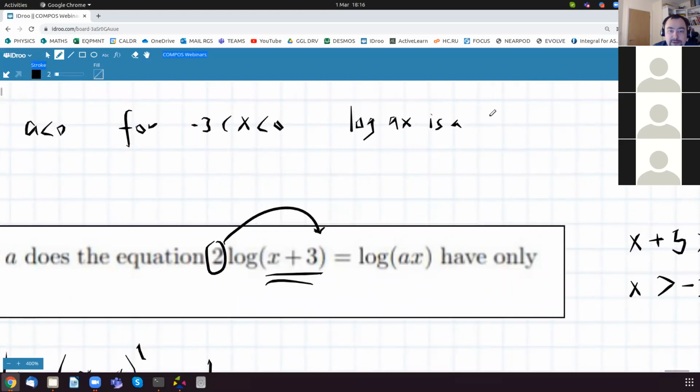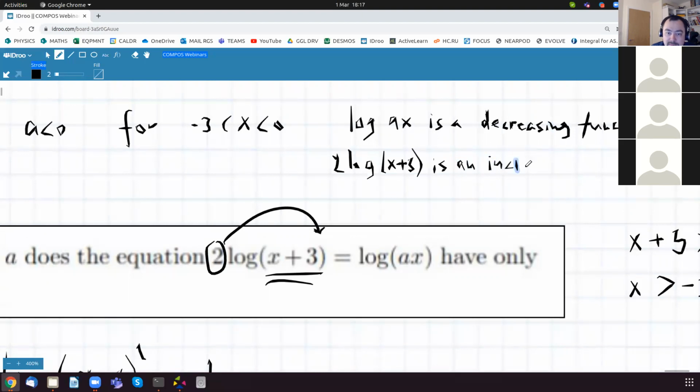And log(x + 3) is an increasing function.